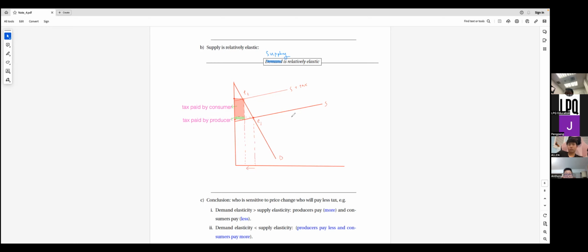So the tax paid by consumers is bigger, right? Consumer tax burden is bigger than producers.